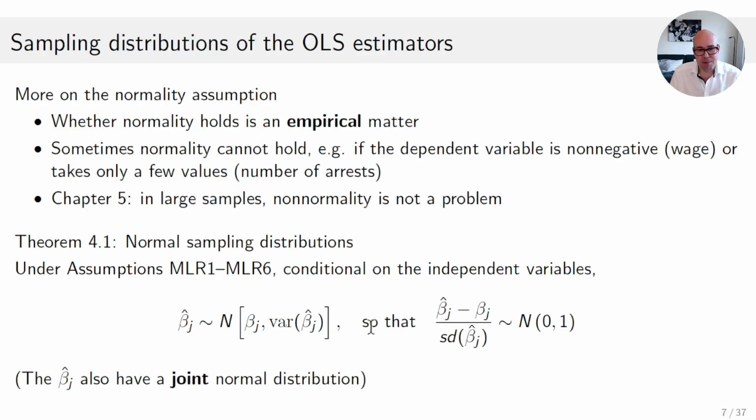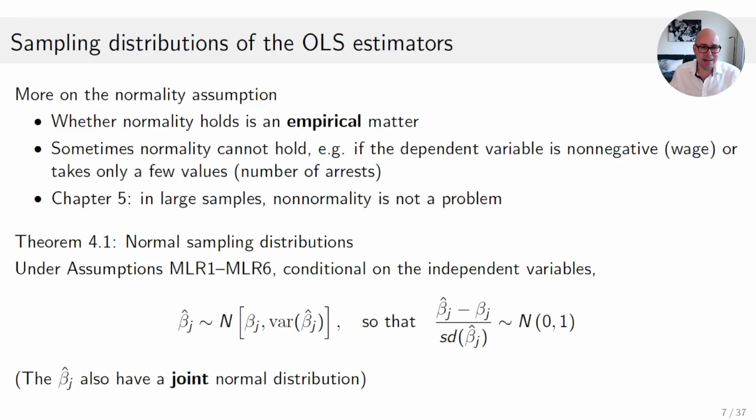Another way to write that is that beta j hat minus beta j divided by the standard deviation of beta j hat is going to be standard normally distributed.